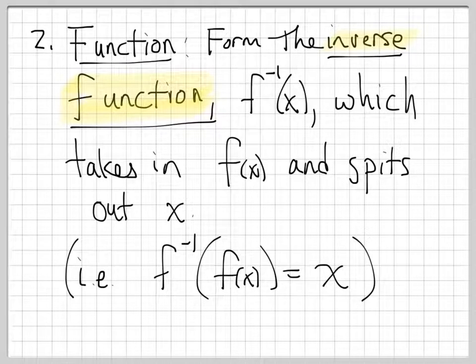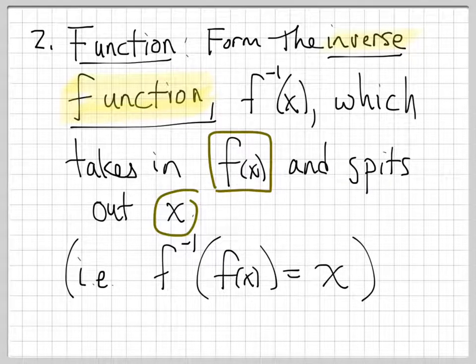So in terms of the functions, instead of just dealing with the graphs, because you're not always going to have a graph, and a graph is certainly not the most convenient way to do anything, how do you form the inverse? Remember, what we want to do is, instead of taking in x and spitting out f of x, we want to do it backwards. And so the idea is that you want to eat f of x's and spit out x's.